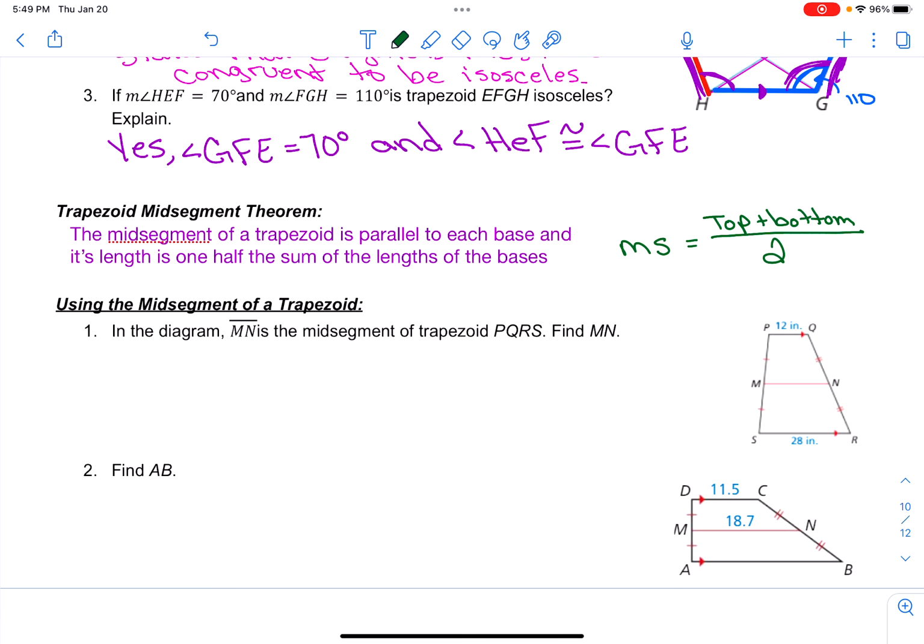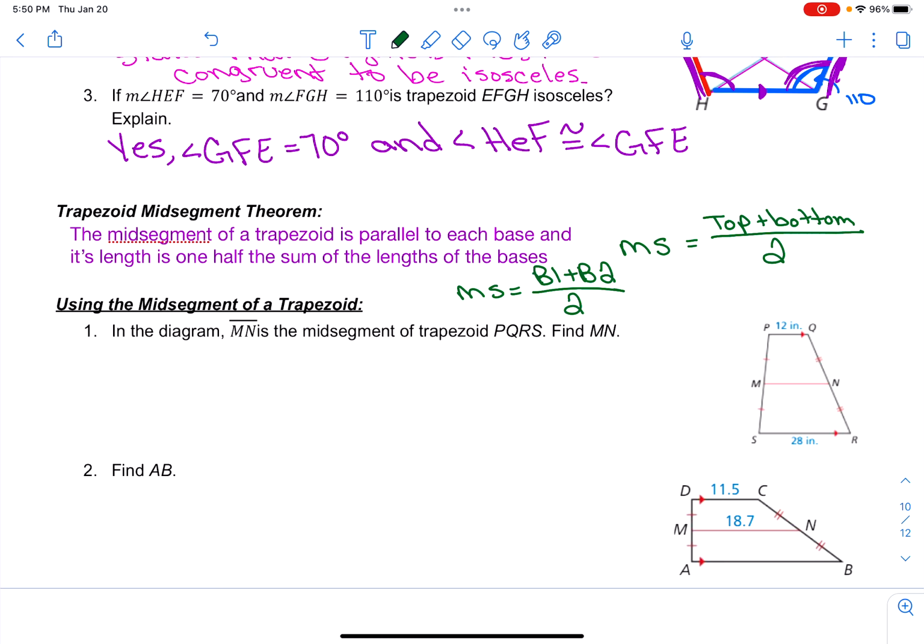Now, it's not always going to be true that your bases are the top and the bottom. Like I said, sometimes your trapezoid will be sideways. So in that case, the technical equation is base 1 plus base 2 divided by 2.